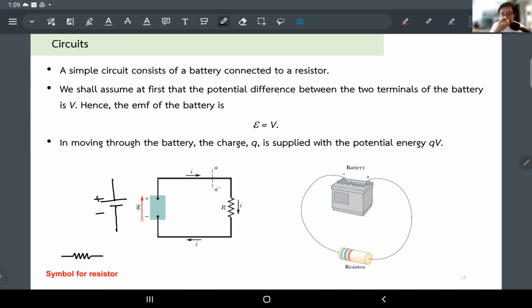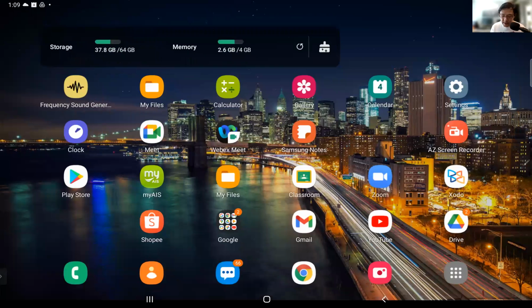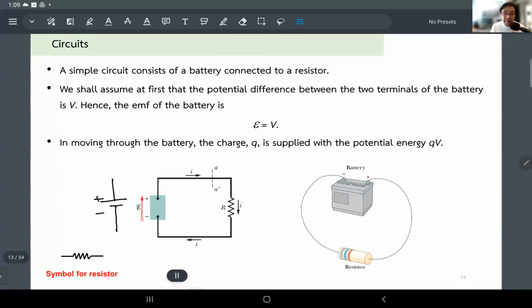The longer one represents the positive side of the battery, the shorter one represents the negative side of the battery. But for the resistor, it's pretty universal. They use a zigzag symbol to represent a resistor, and label R to give you the magnitude of the resistance of that resistor. Okay, this is the actual stuff that could happen. The battery could be a real car battery, for example.